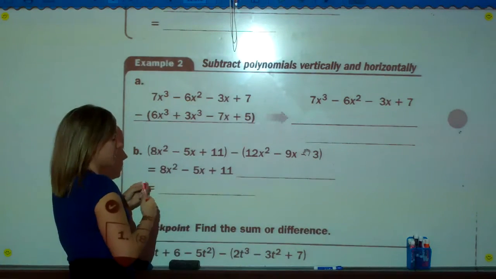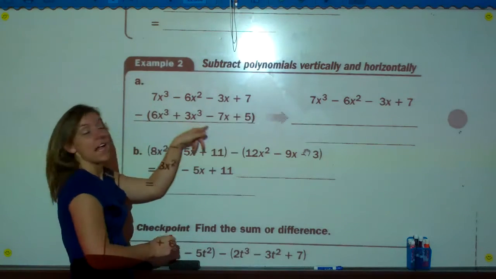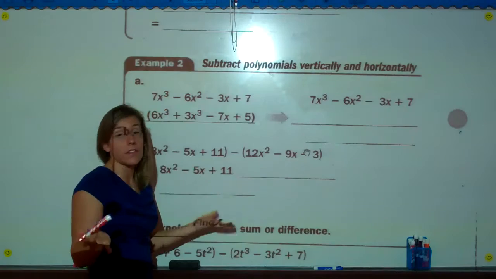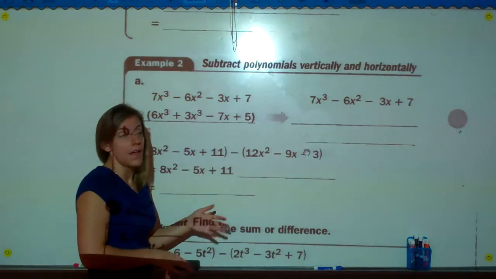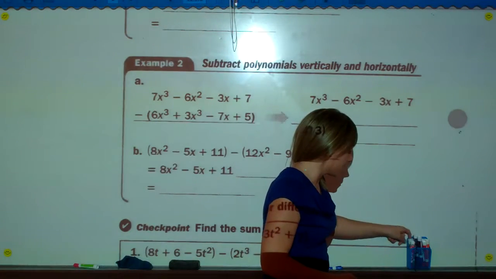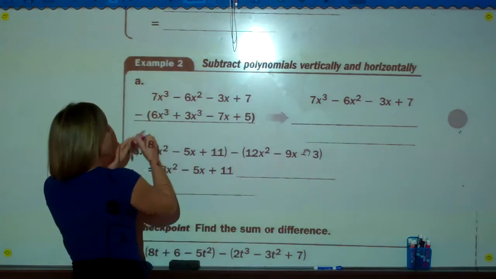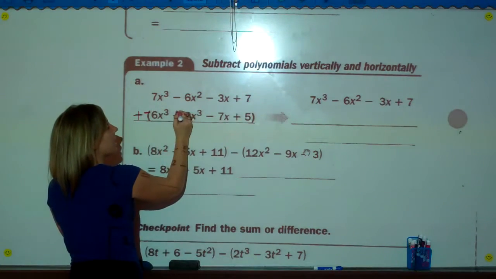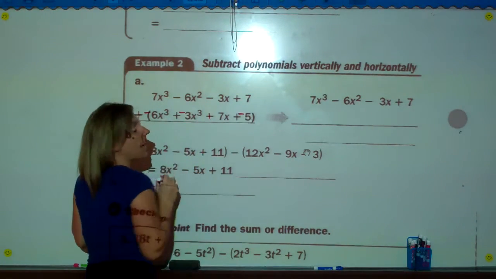I always change it to adding the opposite because addition is so easy. I'm like, well, let me just put everything into addition form and then it's going to be as easy as ever. So what I do is I change the subtraction to addition, but if you do that, you've got to change the signs behind.